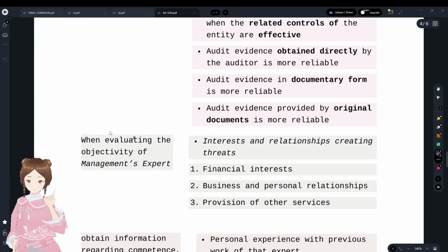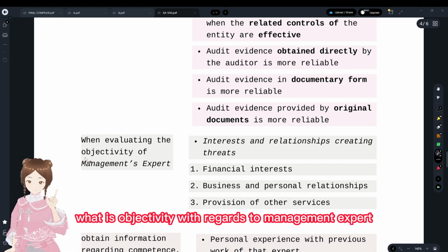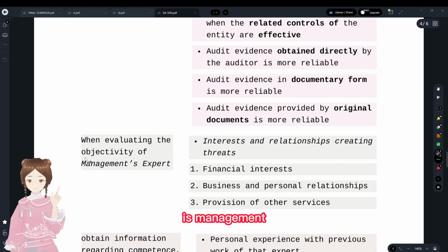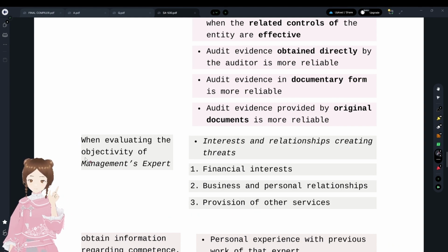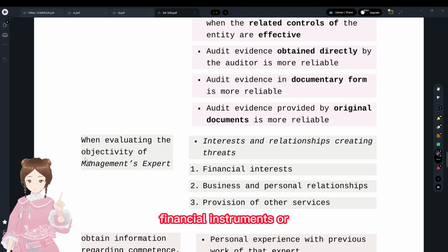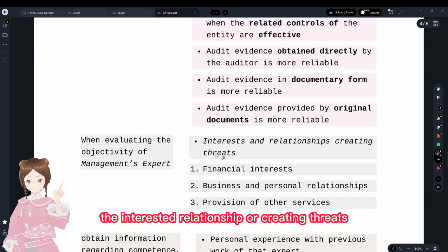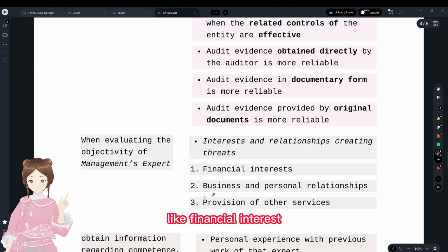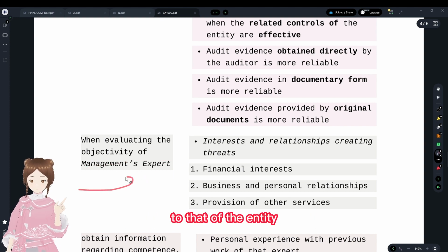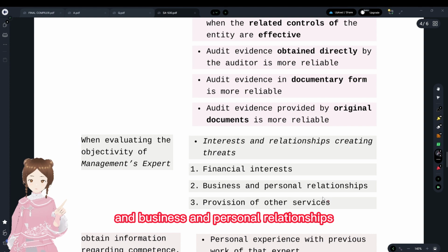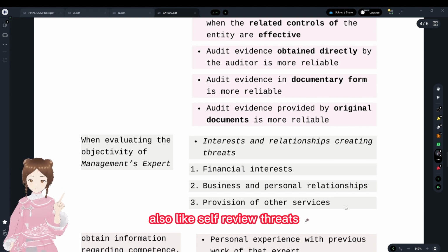And while evaluating the objectivity of the management expert: management is hiring some expert with regards to valuations of shares, financial instruments or actuarial work, etc. Interests and relationships create threats, like financial interest of the management's expert in the entity, business and personal relationships, and provision of other services, like self-review threats.